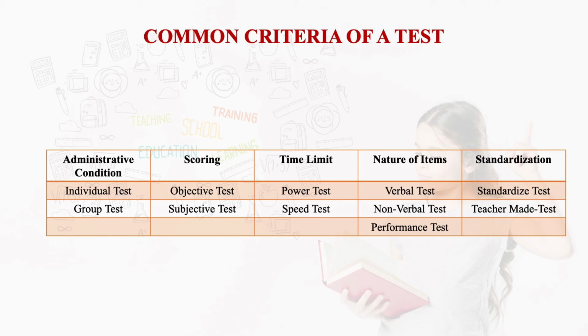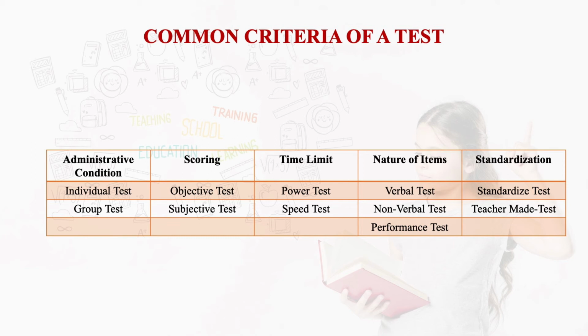And power test means how deeply you are involved in the content, analyzing the content, narrating the content, so you are exhibiting your power, your understanding, your skills and competencies that you have achieved. But a speed test just touches upon surface knowledge, based upon the knowledge and understanding of the learners, but taking very minimum time, you can do more and more questions.